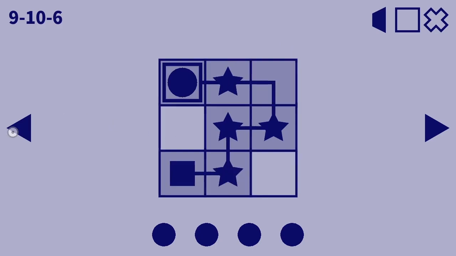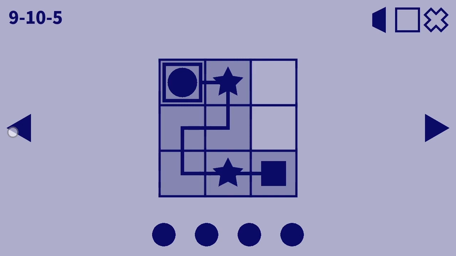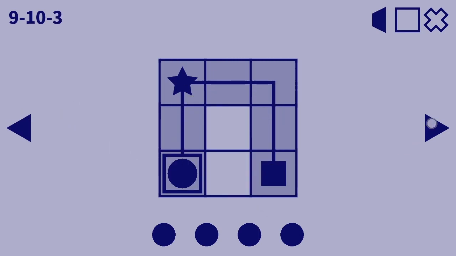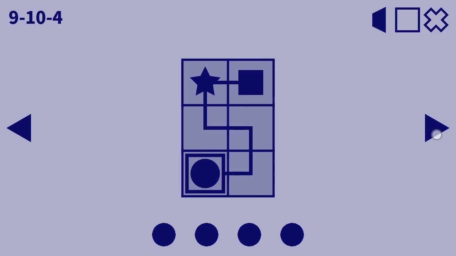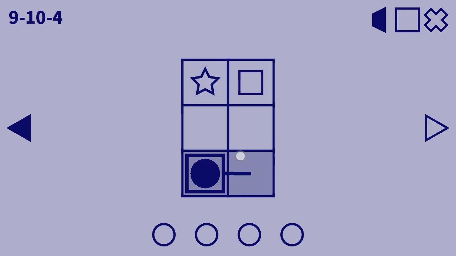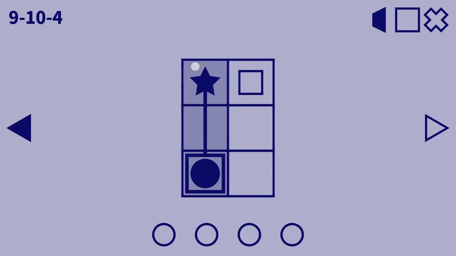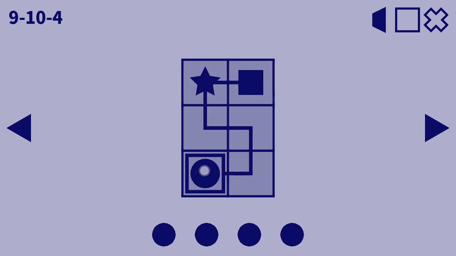Circles and squares must be directly connected to stars, but that's not the case here or here. What are you telling me? Fourth one is not satisfied. Fourth one is satisfied. What if I go only to the star? Not satisfied. Not satisfied.